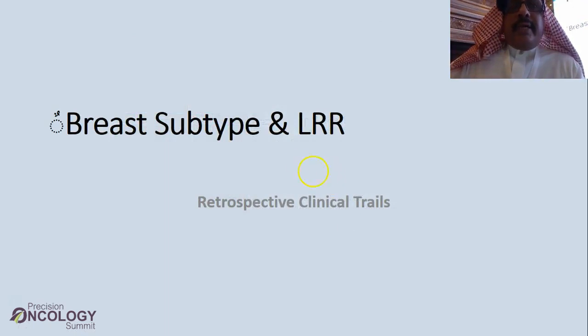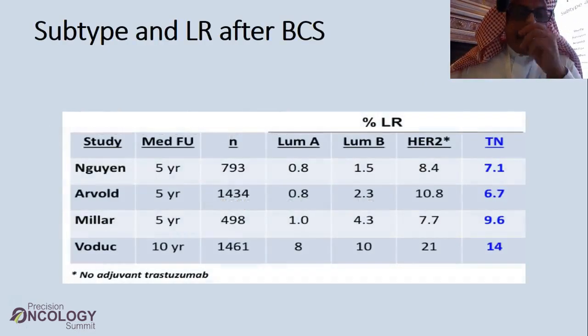So is there any relation between these breast subtypes and the local control? Unfortunately, we have only retrospective clinical data to address these questions. Many authors reported the local recurrence according to the different breast subtypes after breast conservative surgery.